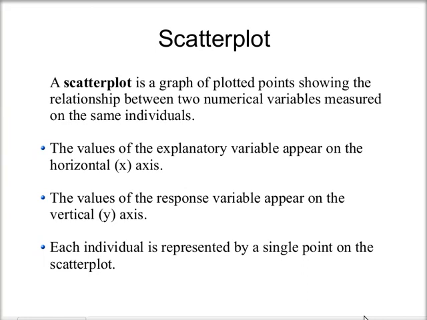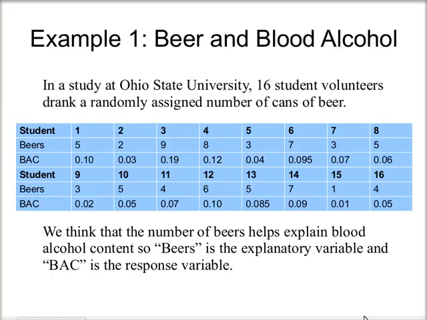So along the bottom horizontally we'll have the explanatory variable, and then vertically we're going to have the values of the response variable on the vertical axis. And then for each individual we're going to go up from their value of the explanatory variable on the horizontal axis and across from their value of the response variable on the vertical axis, and draw a point for each individual. So let's look at an example.